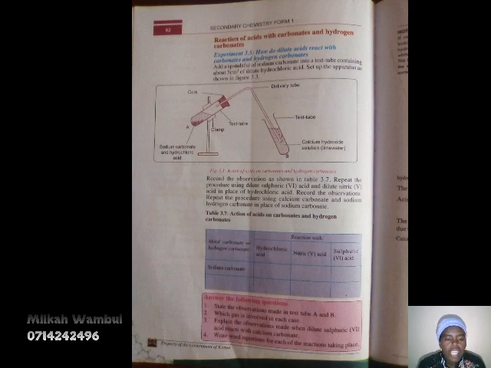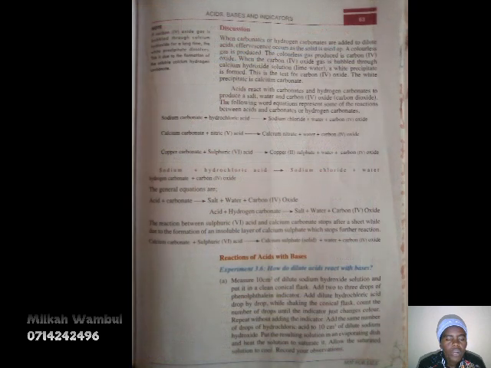When an acid is added to a carbonate or a hydrogen carbonate, effervescence is seen. Effervescence is production of bubbles of a gas, and a colorless gas is produced. That colorless gas is carbon dioxide.